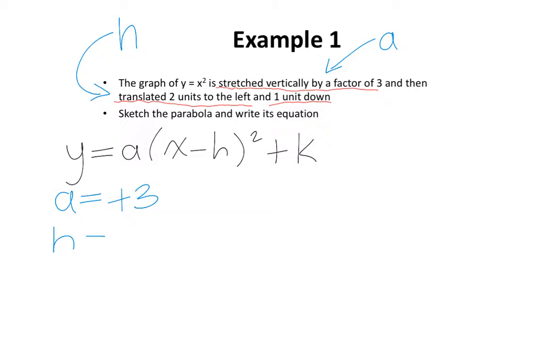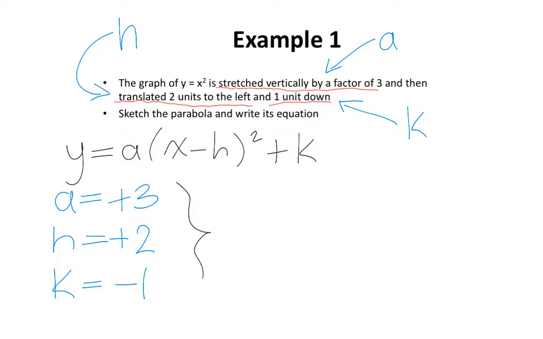And h in this situation would be positive 2. Remember, the h value is very counterintuitive. And last but not least, this detail, which says it is translated 1 unit down, corresponds to the k value, and that means k is negative 1.